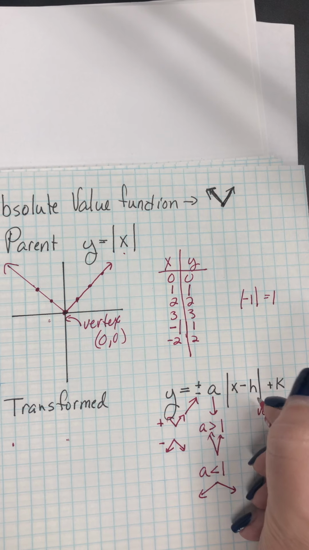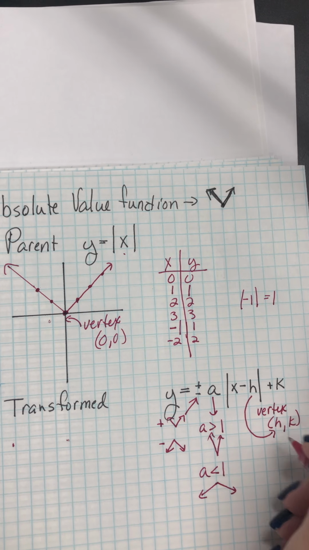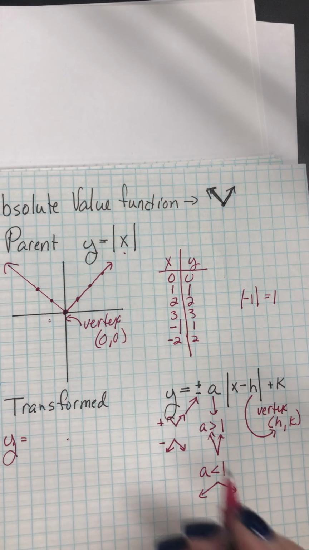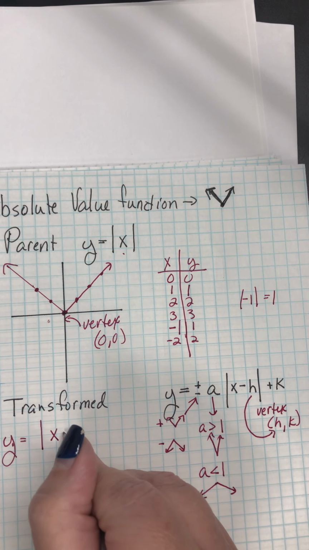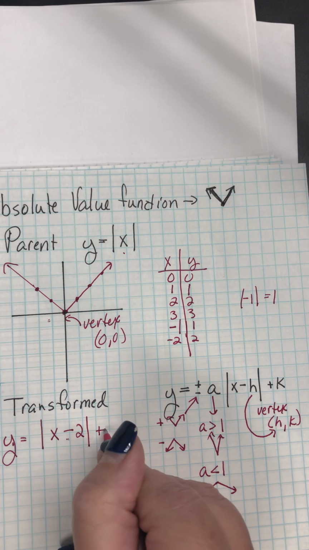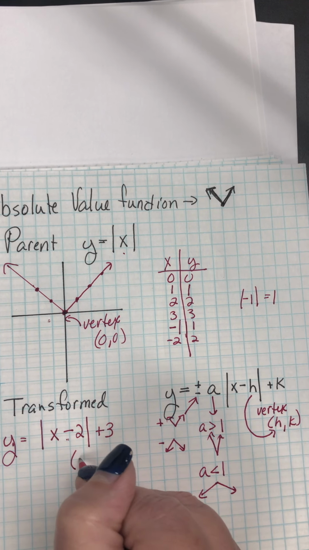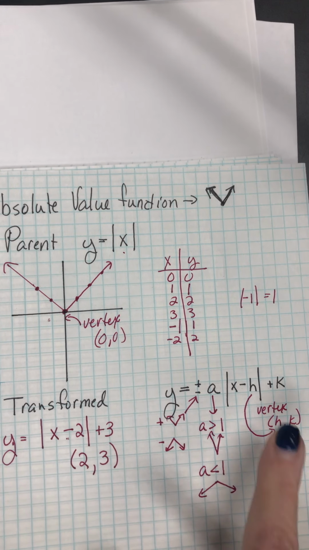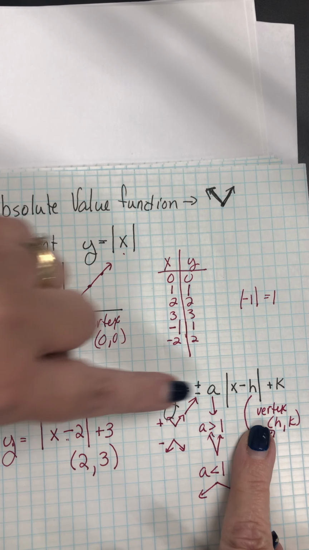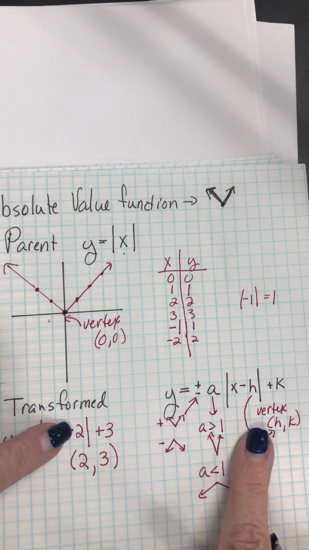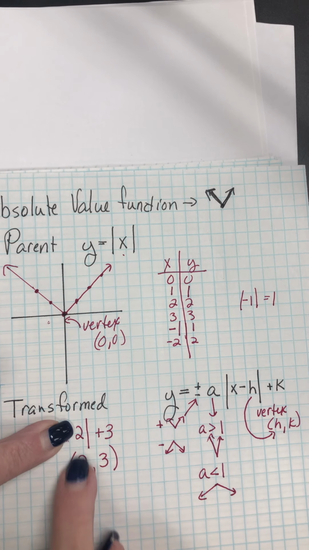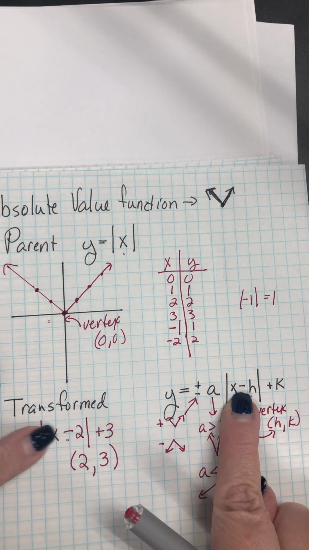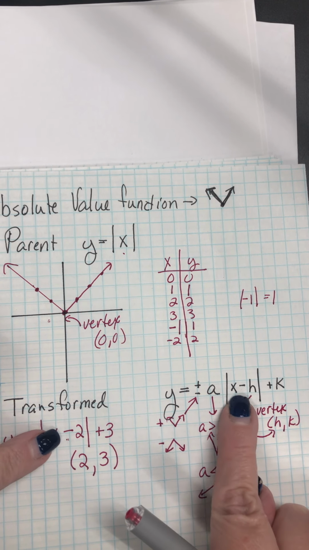Again, notice that this is negative, so it's going to be the opposite number. So if I had y equals the absolute value of x minus 2 plus 3, my vertex would be at a positive 2 and a positive 3. Because this is saying x minus that number, this is saying x minus 2. So this number always looks like the opposite of what it is, because my negative is in my formula. So the h does not include the negative.